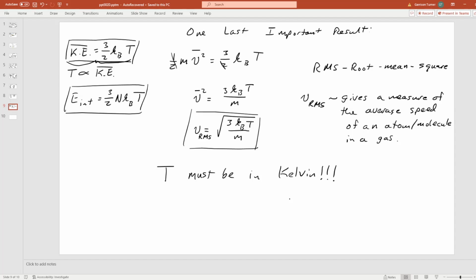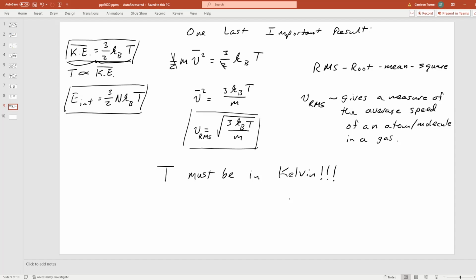And if you put in other arbitrary temperature units, like say Celsius or Fahrenheit, then you would get extremely wonky results for this RMS calculation. Okay. But in any case, if you're in SI and you're using Kelvin, and you use joules per Kelvin for Boltzmann's constant and then whatever the mass of your atom or particle is in kilograms, then you will get your speed in meters per second.